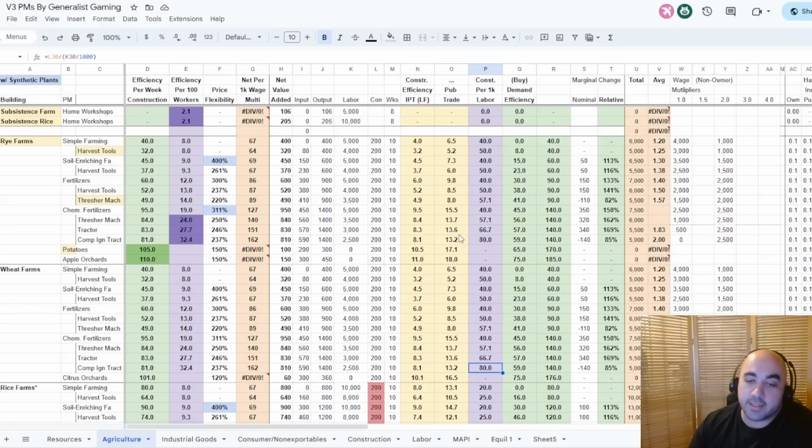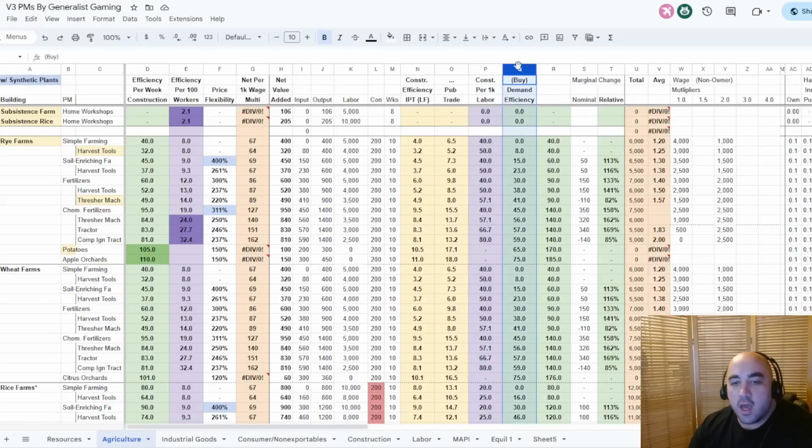Okay, no, yeah, it is. It's the amount of construction required to employ 1,000 people, and as you are using more and more labor-saving PMs, it's going to require more and more construction to employ up 1,000 people because you're not employing them anymore. We have by-demand efficiency, which I think is per construction, the way we're looking at it. We're dividing by the number of weeks of construction on the base PM.